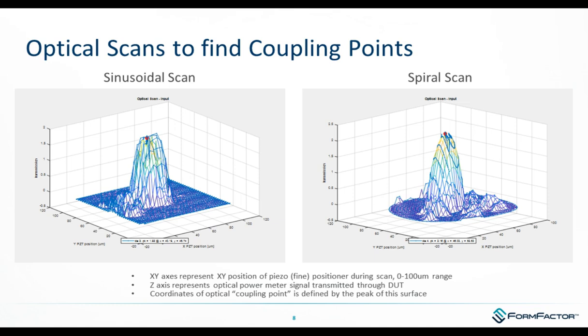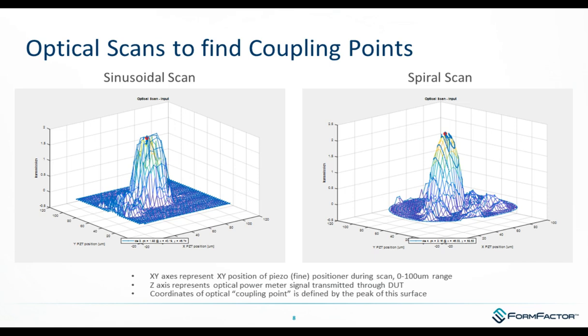This slide is an example of some of what the optical scans look like. The XY axis in both cases is the position of the piezo nanocube in XY with the 100 micron range. On the left is a sinusoidal scan, so there's a sinusoidal scan in one axis and then a ramp in the other axis.